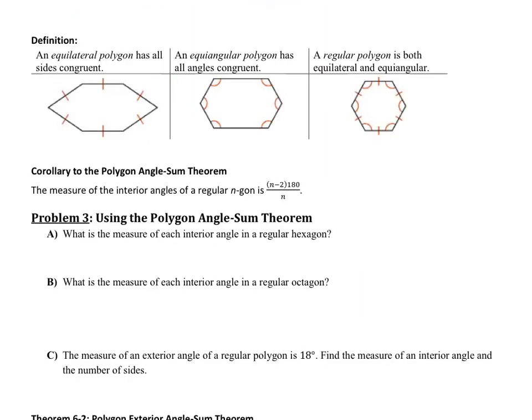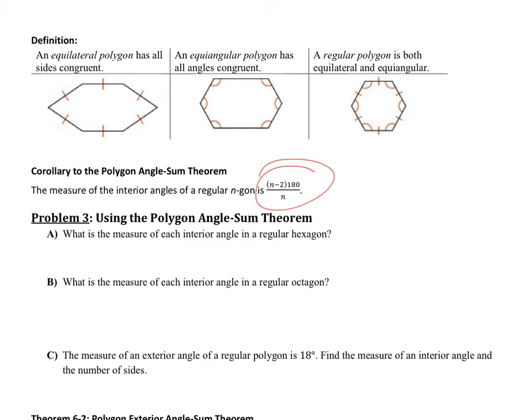So what if we're asking in a regular polygon? A regular polygon means that all the sides and all the angles are congruent. So what if we just want to know one angle? Here's that same equation. If you notice, the only difference is it's divided by how many sides you have. So what is the measure of each interior angle? Saying one angle, first I have to figure out my total degrees.